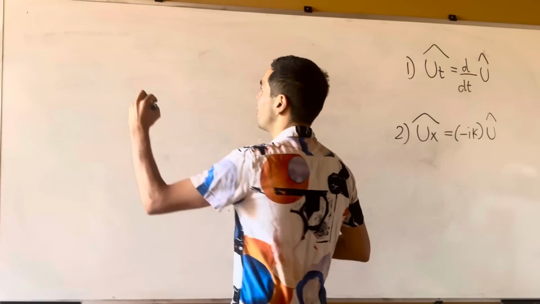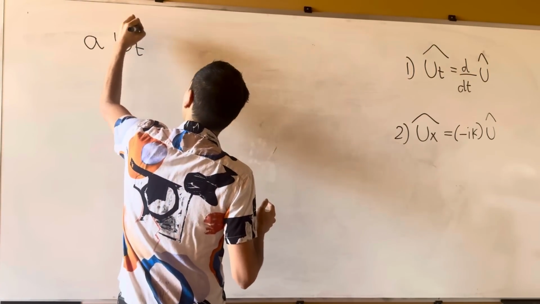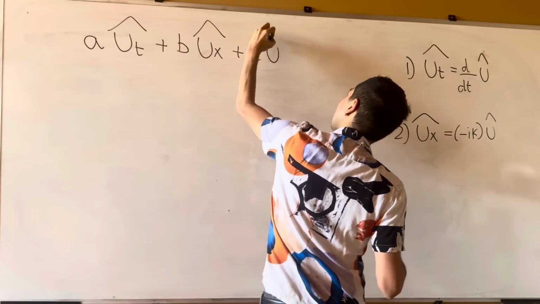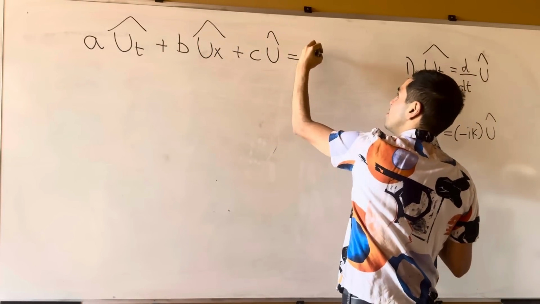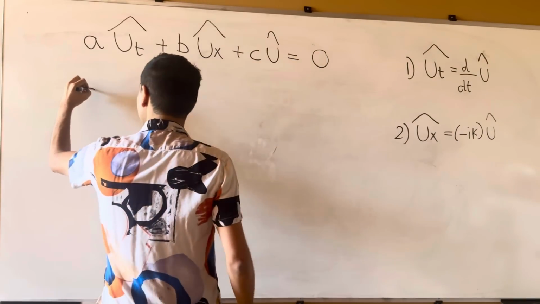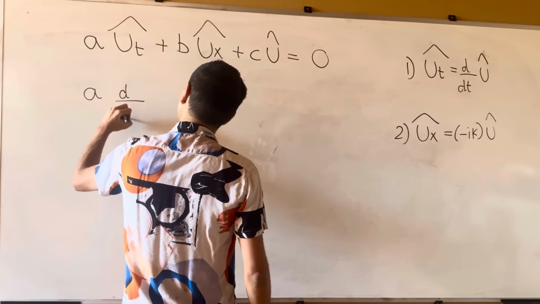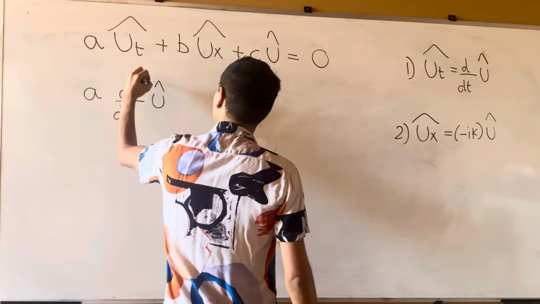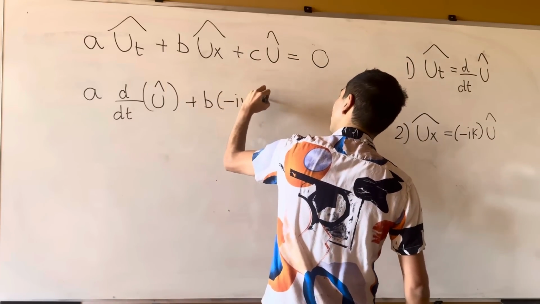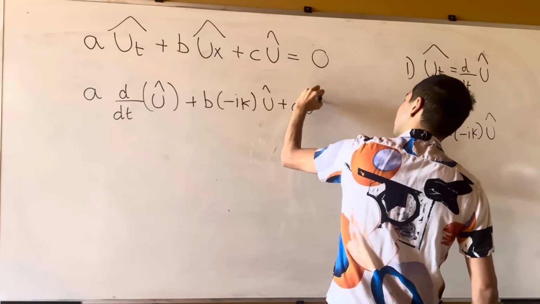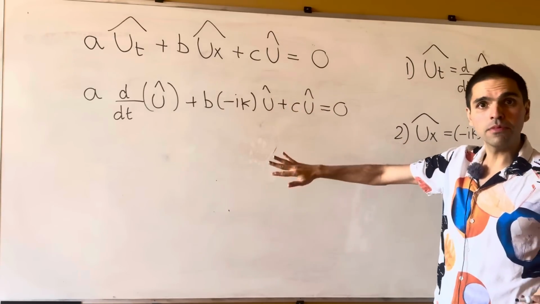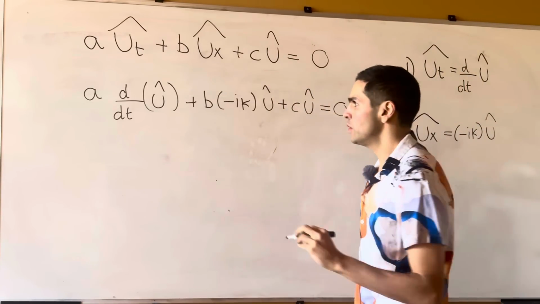All right, so far we had a u_t hat plus b u_x hat plus c u hat is 0 hat, which is just 0. And now applying the formula here, we get a d over dt u hat plus b times minus i kappa u hat plus c u hat is 0. And what's nice is this becomes a simple ODE in u hat.